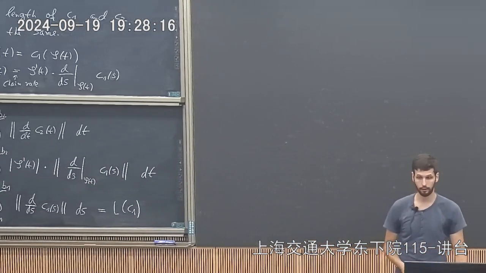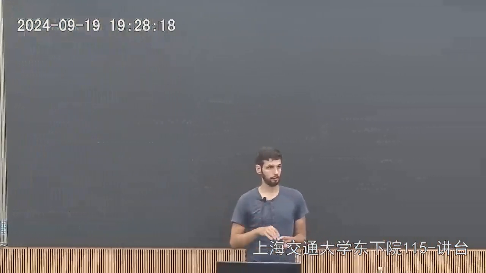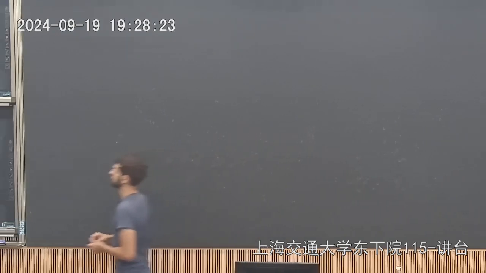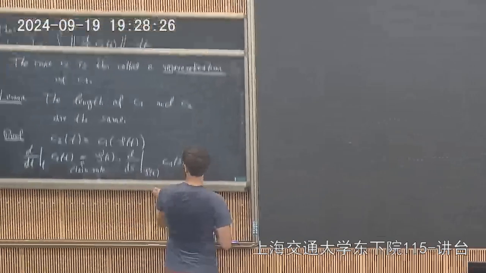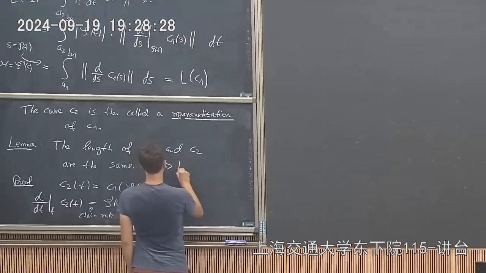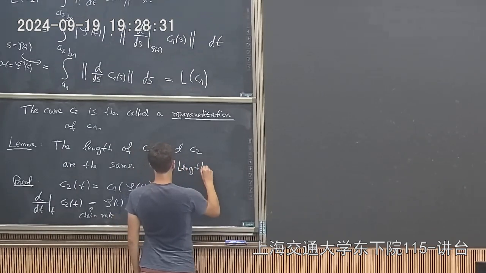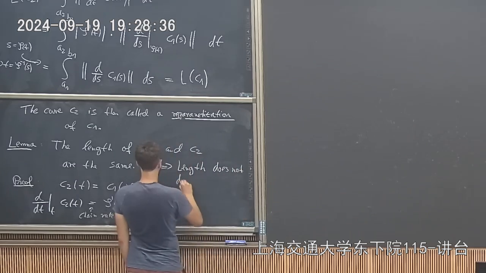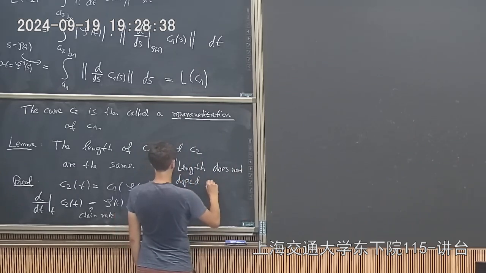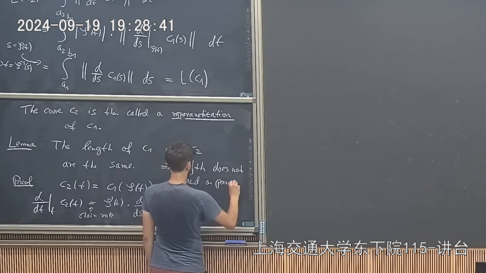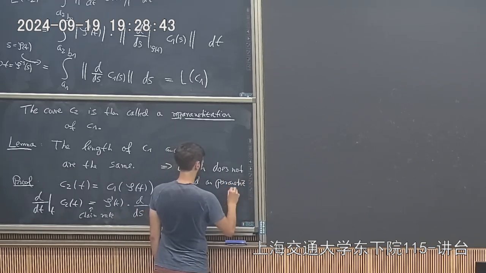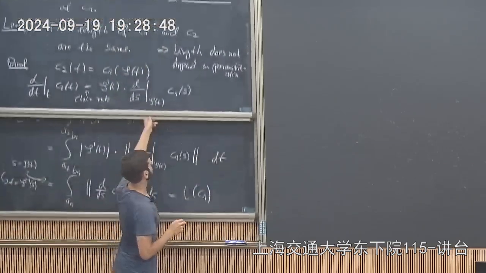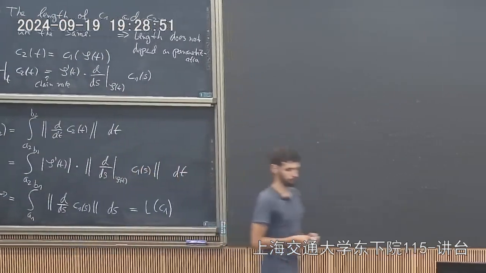Phrased in a different way, the length of a curve does not depend on the parameterization that we use. The length is an invariant under parameterizations.